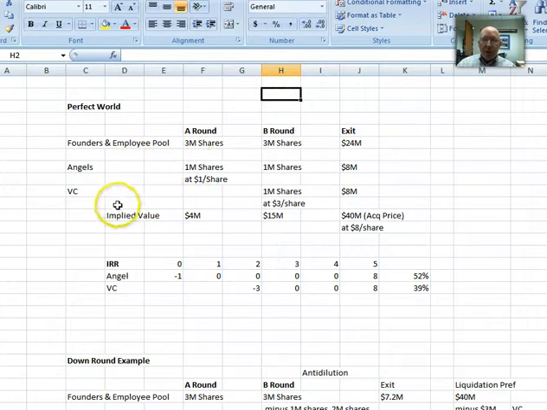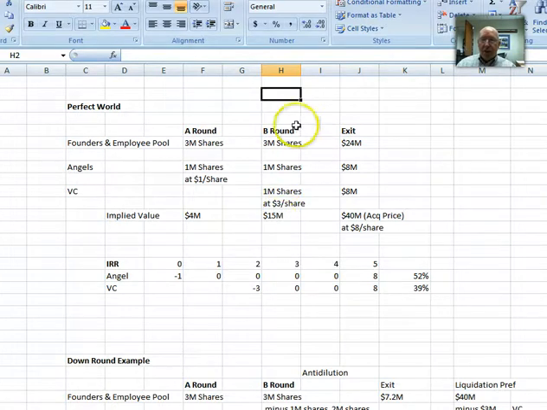So now we have the VC come in a couple of years later. They buy another 1 million shares. So another 1 million shares are added on the capitalization table. The company issues another 1 million shares at $3 a share. And so now there's a total of 5 million shares outstanding. So 3 million with the founder's employee, 1 million with the angels, and 1 million with the VCs.